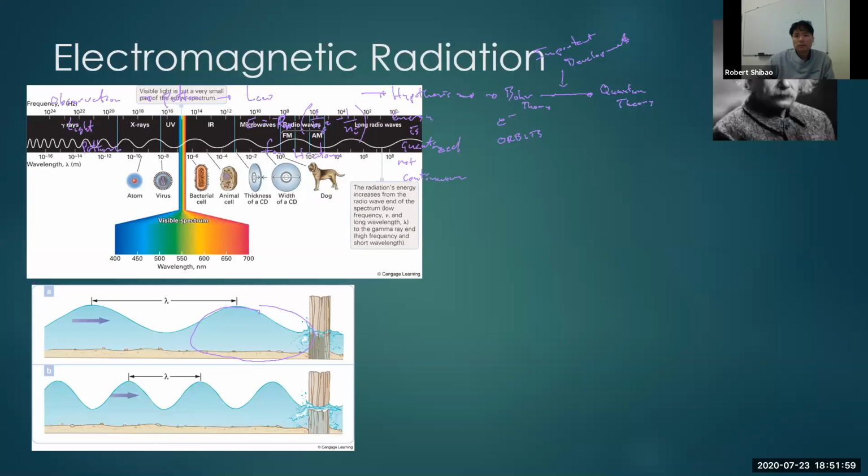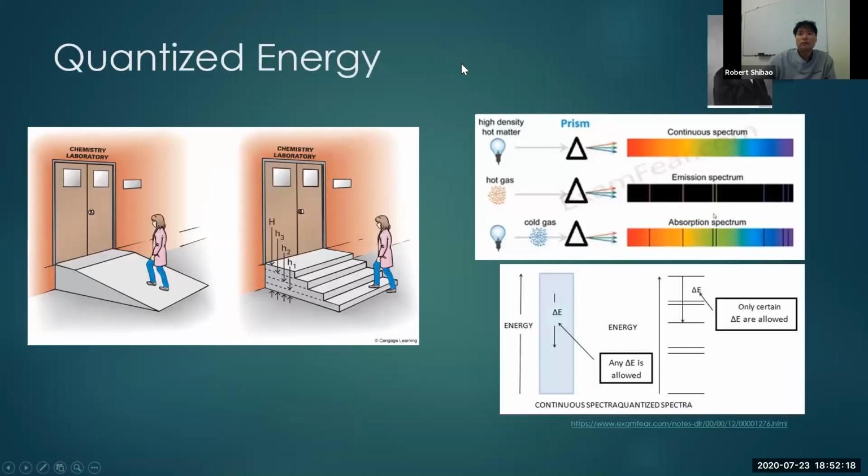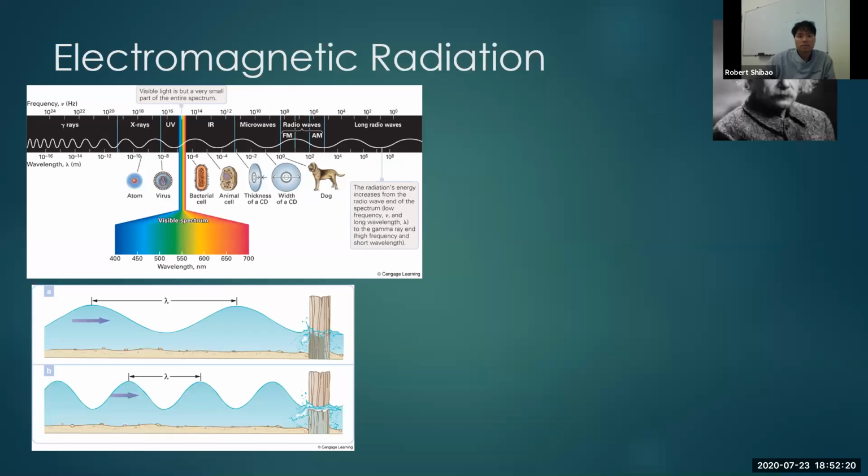So to better understand this, we need to better understand light or electromagnetic radiation. There's lots of different types of light: gamma rays, radio waves, energy. The light's going to be characterized by 3 things that we are interested in. We're interested in what we call lambda, or the wavelength.